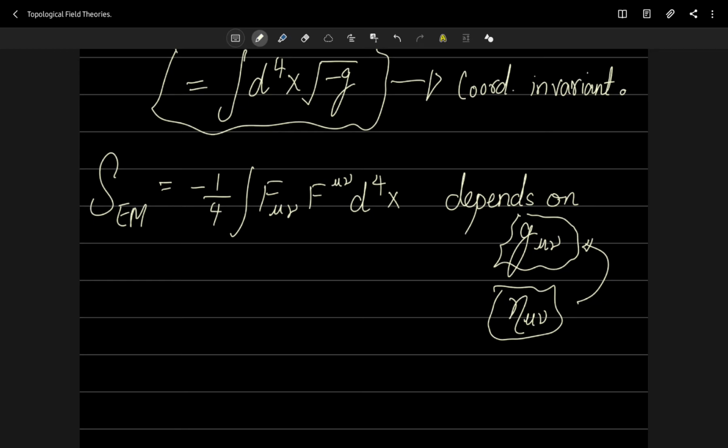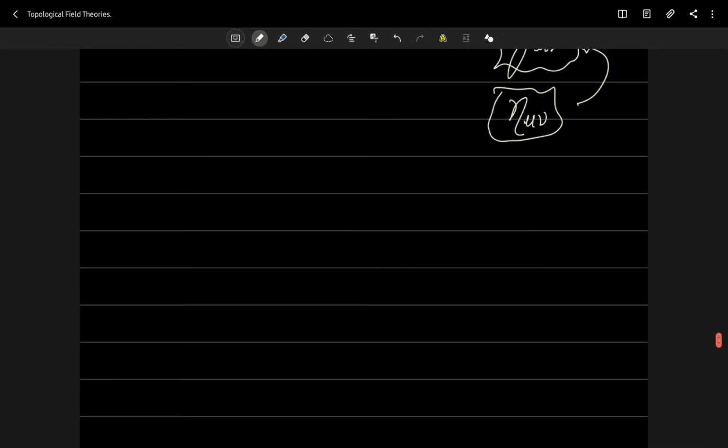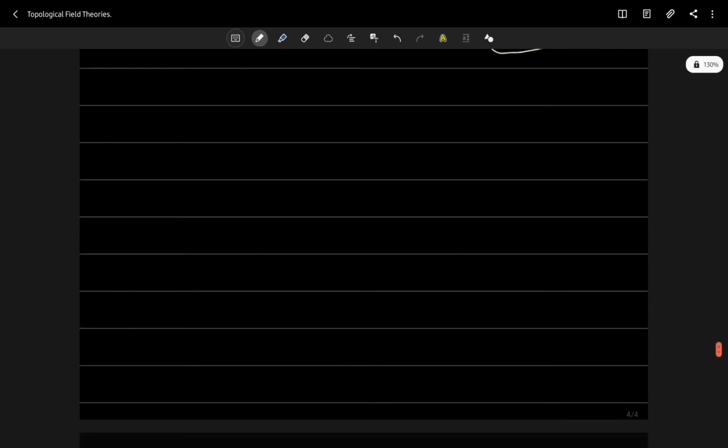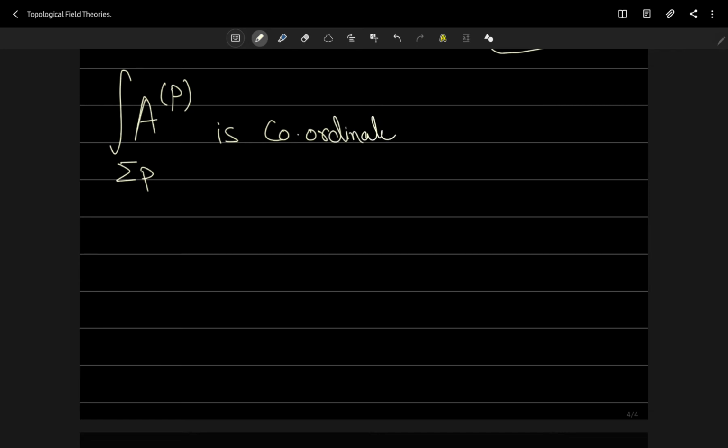But what we can do from here now is, if you remember, or if you have watched my lecture on differential forms, which I suggested that you should, you might recall that at the end, when we were talking about the integration for the forms, we showed that the integral of a P form over this sigma P is coordinate invariant, right?